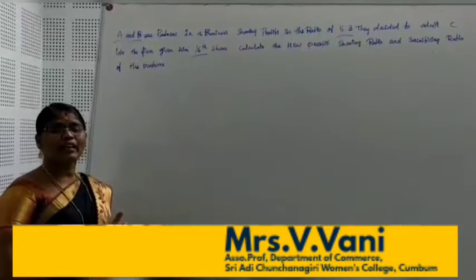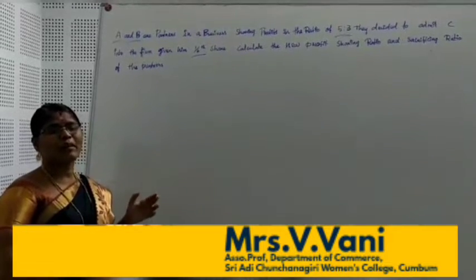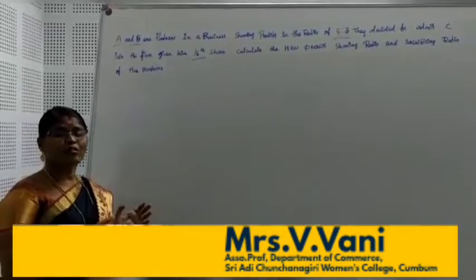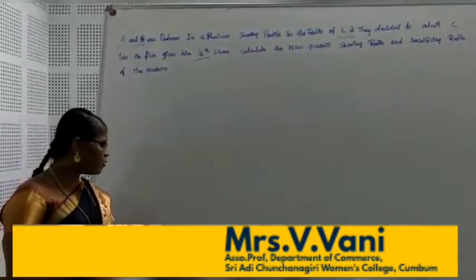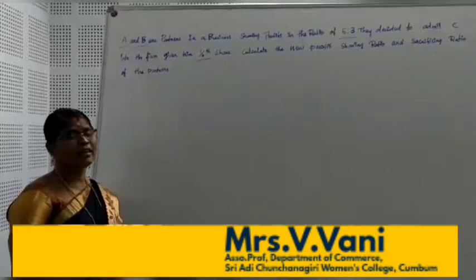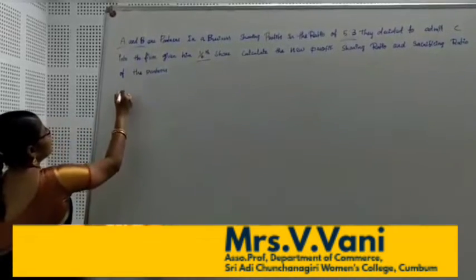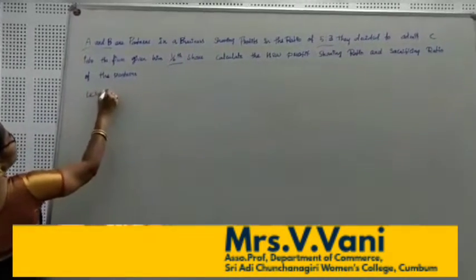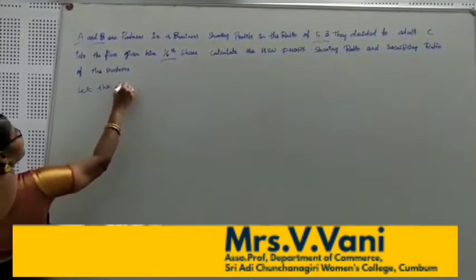Actually the new ratio is calculated on the basis of the newcoming partner's share of profit. Here we don't know the total profit. Always the unknown value should be taken as 1. So here, let the total profit be 1.